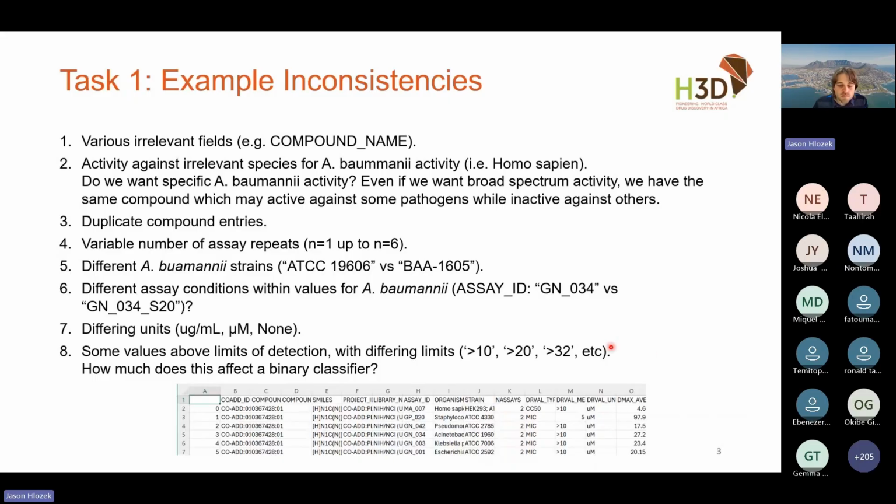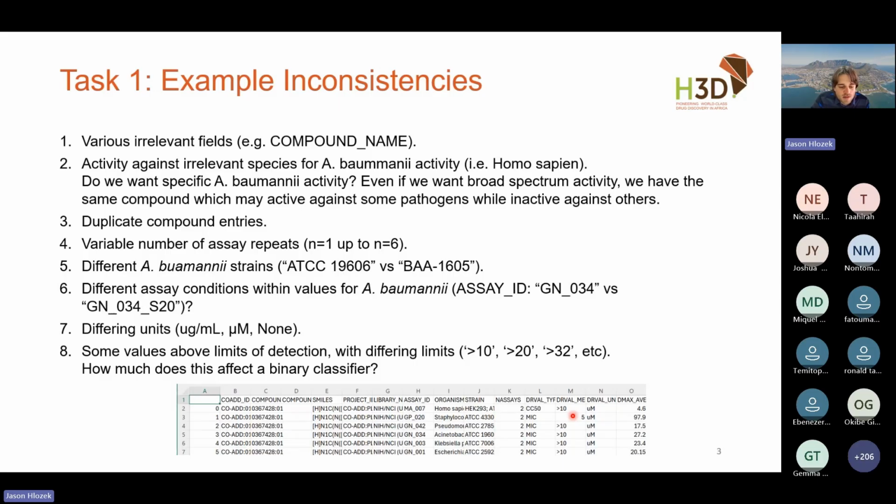And the last one that I found in this list was the limits of detection. So many of these readouts had this greater than a number. So the assay was only measured, in this case, up to 10, say, but the real activity of the compound, it was quite inactive, so it was above that value, but it could have been 11.